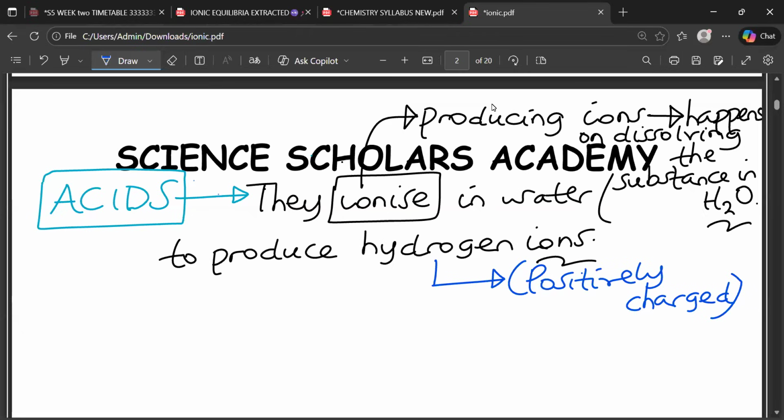So for you to write the structure of the hydrogen ion without putting a plus is very risky. Get the point? Now, if you want to write how they are denoted, this is what you do.